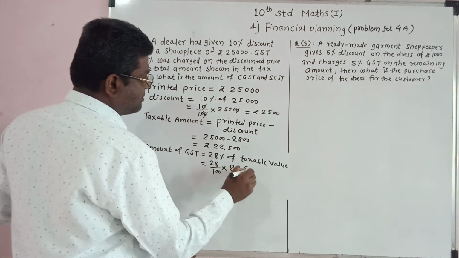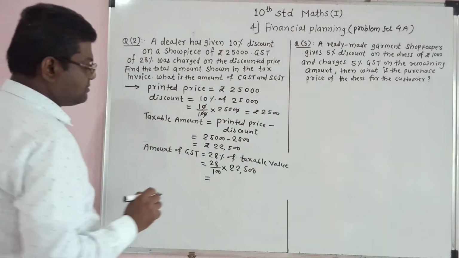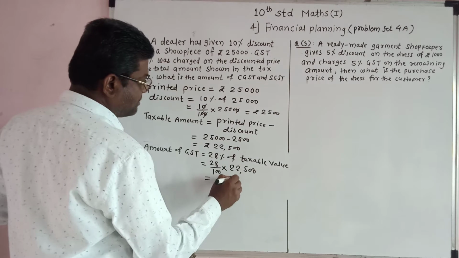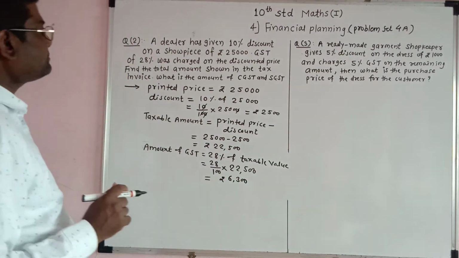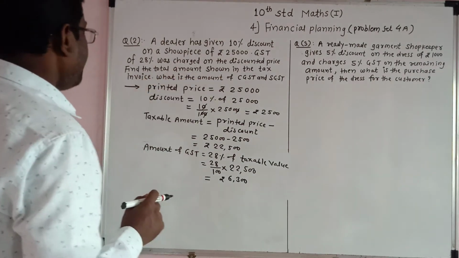Taxable value is 22,500, and this we will get rupees 6,300 as GST.